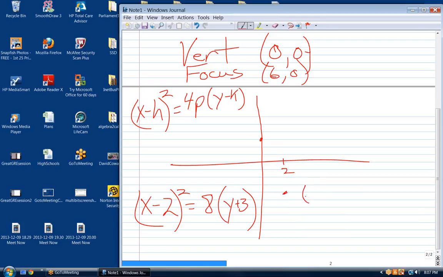Let's label that as 2, minus 3. Now usually when they're talking about parabolas and focuses, they're not interested in the x-intercept so much. They're going to say, where is the focus, which is somewhere in there, and where is the directrix?